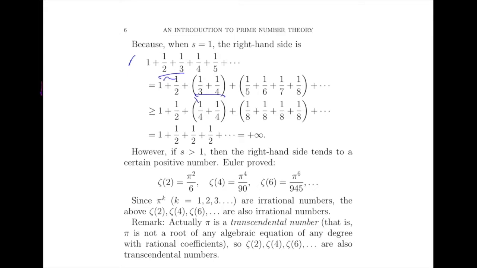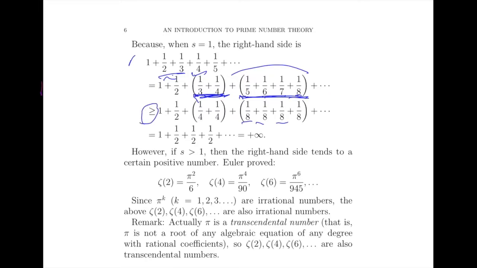Okay. So for 1/3 and 1/4, we group 1/3 and 1/4. And the next four terms, 1/5, 1/6, 1/7, 1/8, we group together. Then in this group, we replace 1/3 by 1/4. And in this group, we replace 1/5, 1/6, 1/7 all by 1/8. Then obviously, the right-hand side is smaller.